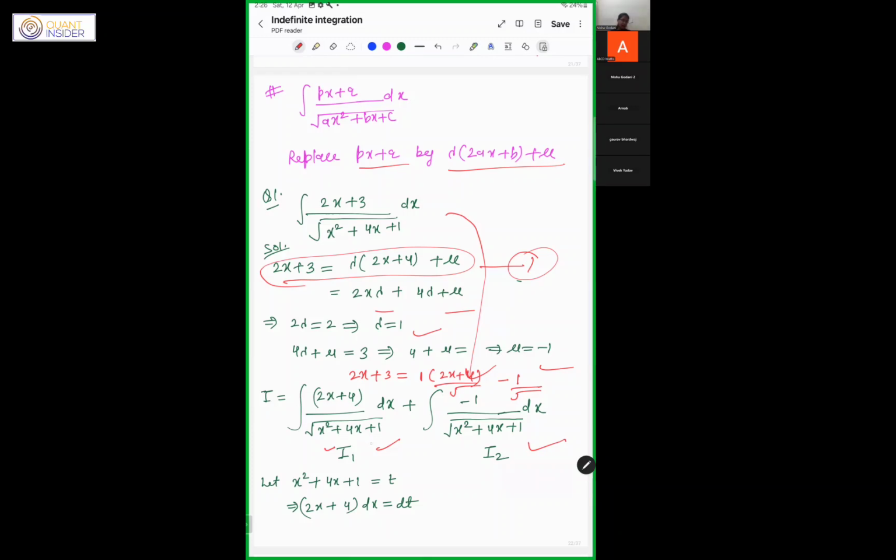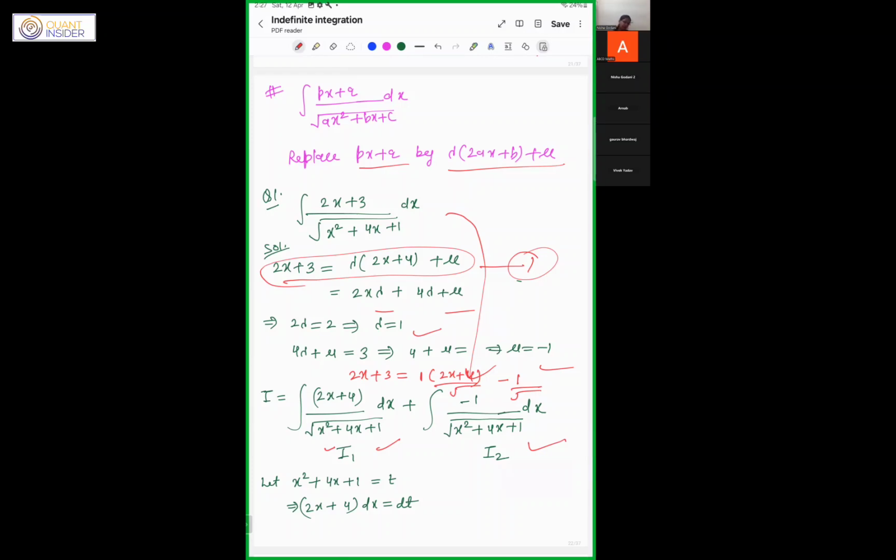The differentiation of the function under the root is 2x plus 4, which is present in the numerator, but there is an under root sign also. So it is not the differentiation of that function with the square root, and that is why we cannot apply the result of integration of f dash x upon fx.